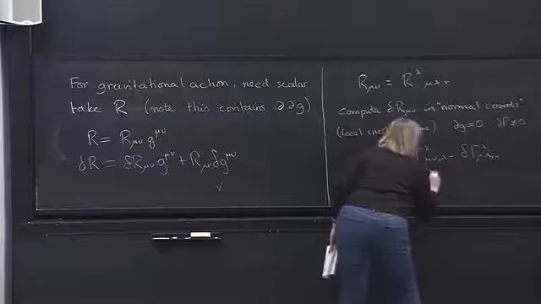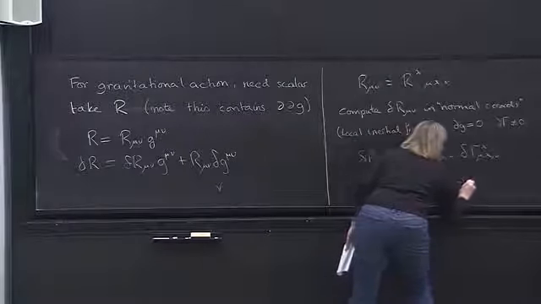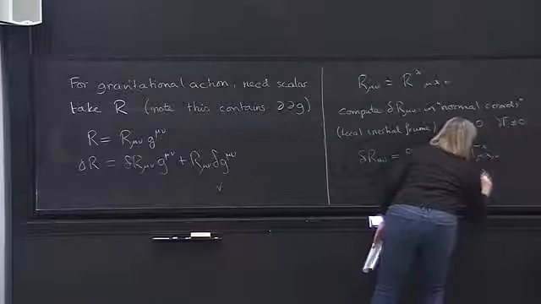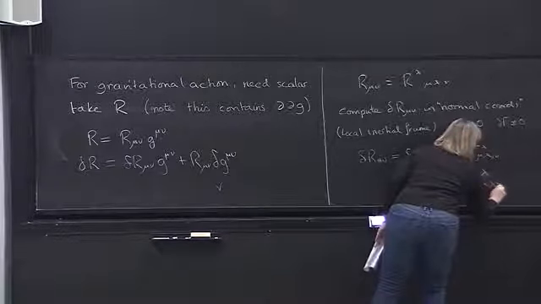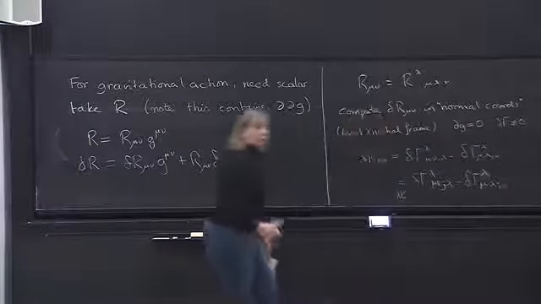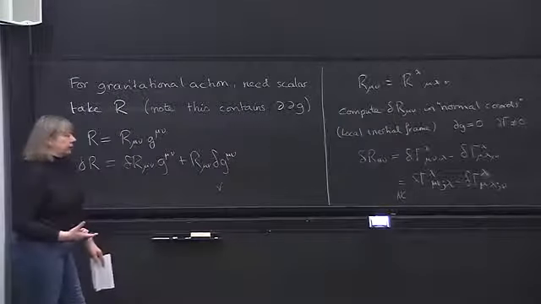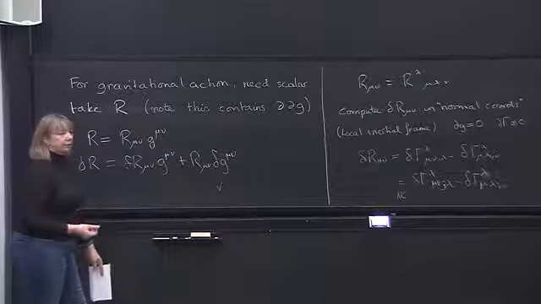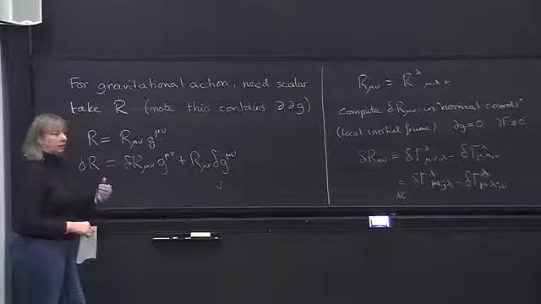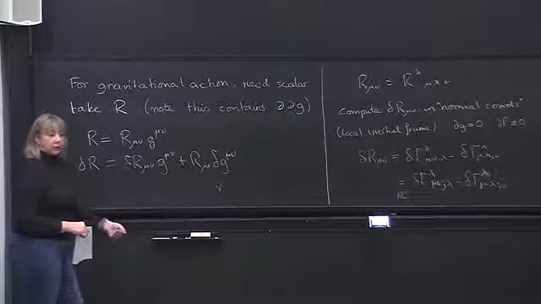In normal coordinates, the expression I've just written down with partial derivatives is exactly the same expression, but with the partial derivatives replaced by covariant derivatives, because in normal coordinates the gammas vanish.